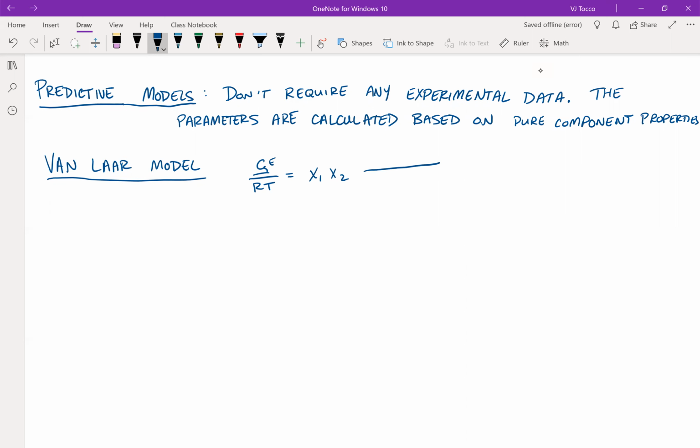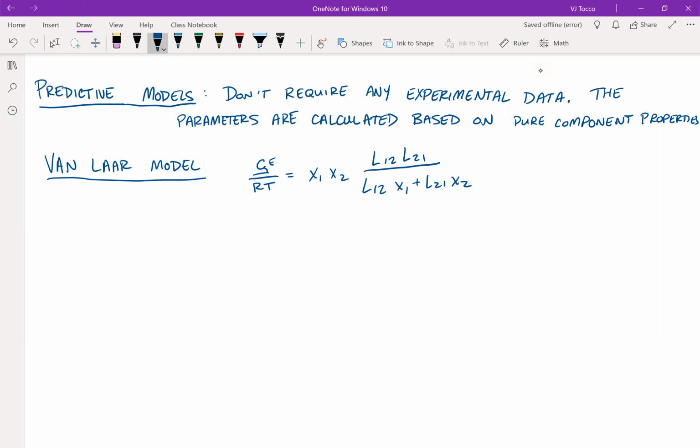They're all just numbers that are making the data fit. L12, L21 divided by L12 x1 plus L21 x2. And I want to mention that the Sandler textbook uses different terminology here for the Wilson model.